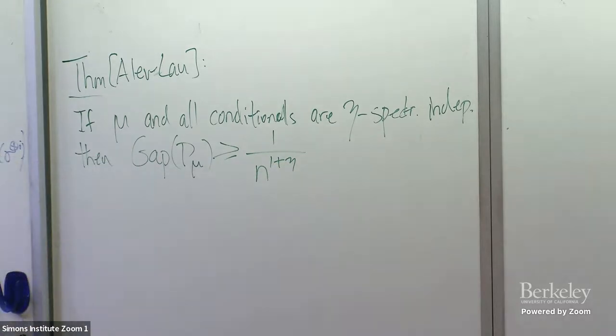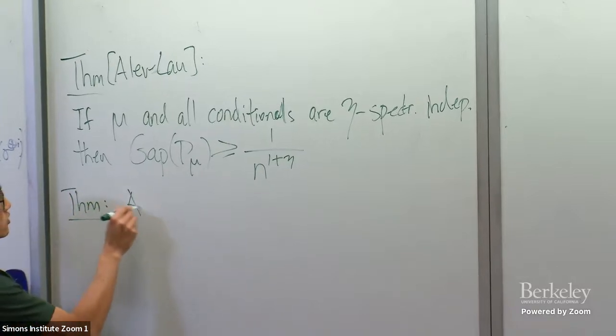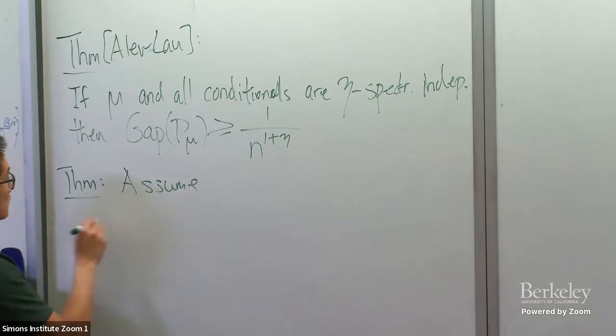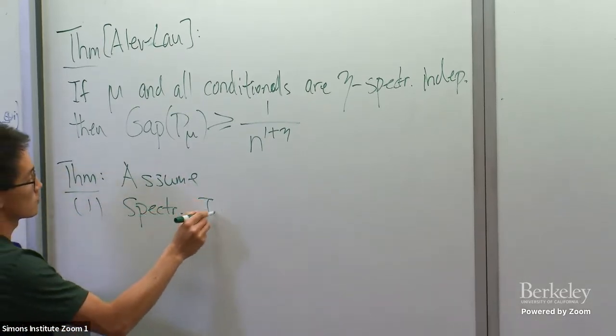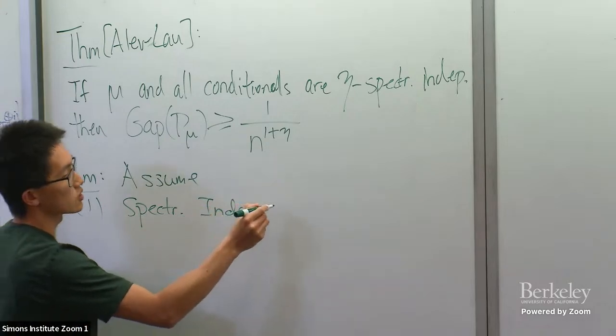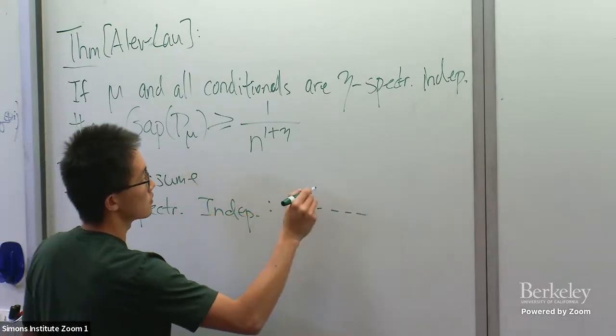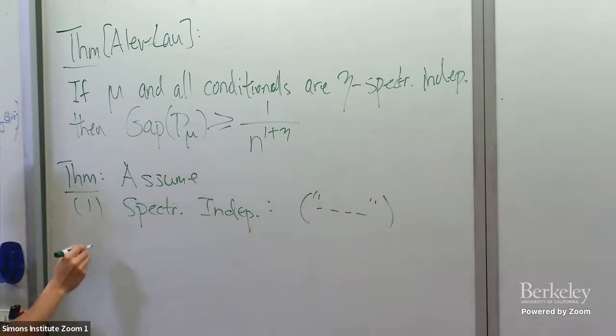This was the first result. The second result will allow you to control something more fine grained, so you can get control on even entropy. So assume spectral independence, or really the same condition as above. And if I make two additional assumptions, then we can get a much better bound.